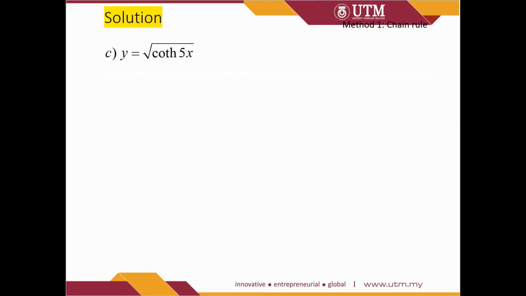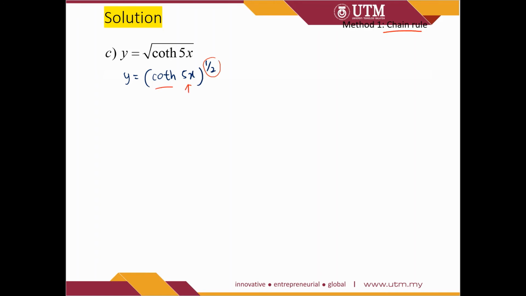Now we move to the last question. y equals the square root of coth of 5x. So I just rewrite this into this form. This is the same as the example from the previous slide, where here we have 1, 2, and 3 functions.